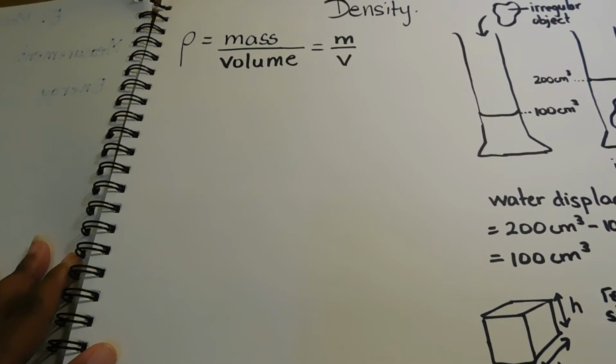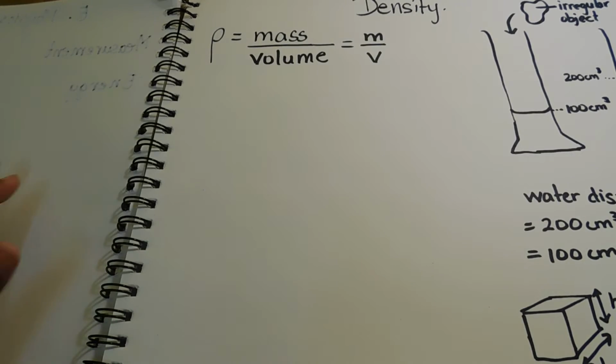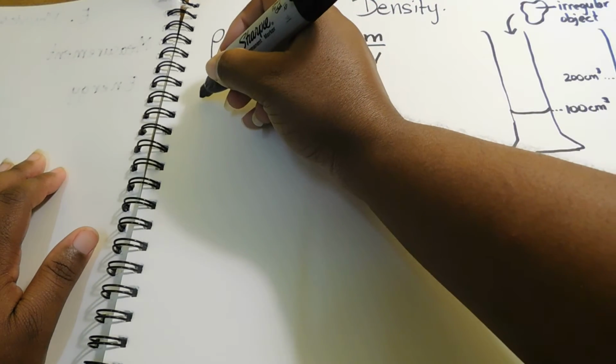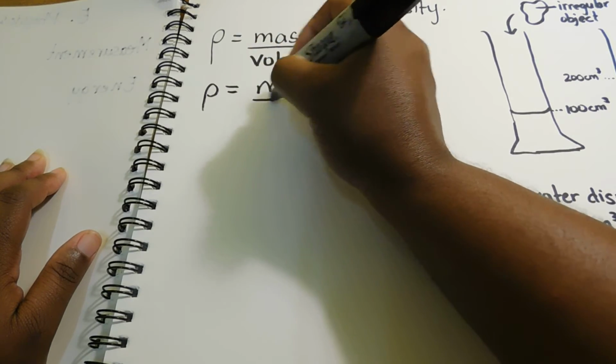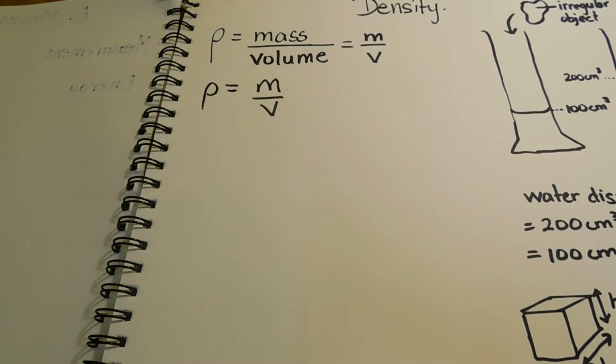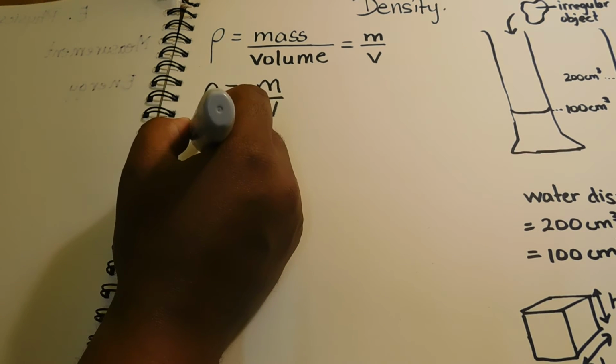Now, what if we have here rho is equal to m over v? We know what rho is equal to, but suppose we are not looking for rho. Suppose we're looking for volume.